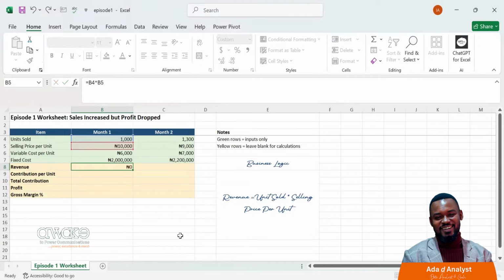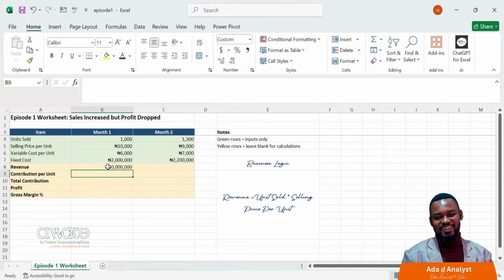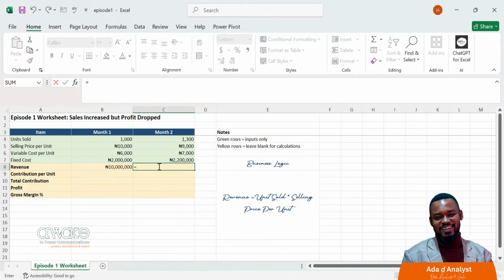If we hit enter, we will calculate our correct revenue for month 1. So let us take that to month 2 as well. Revenue equals our units sold, which is 1,300, multiplied by our selling price per unit, which is 9,000 here. We hit enter, and you see, we have calculated our revenue.